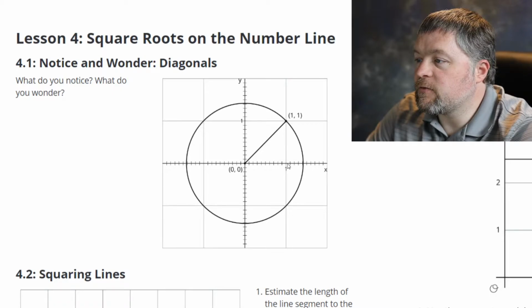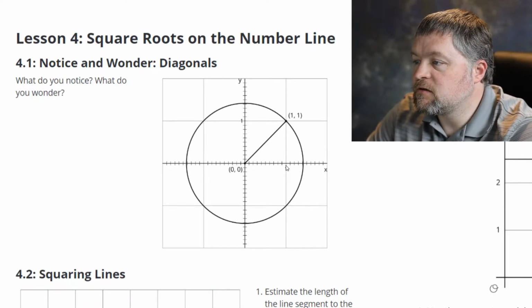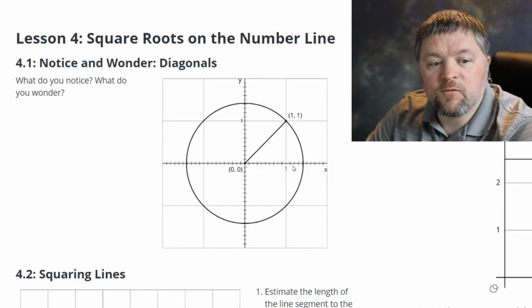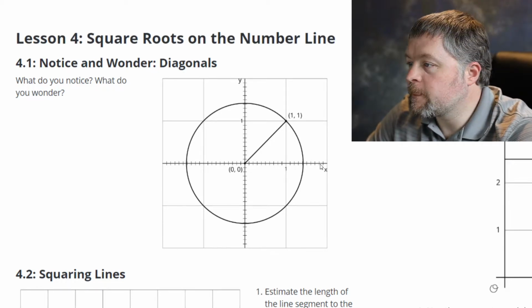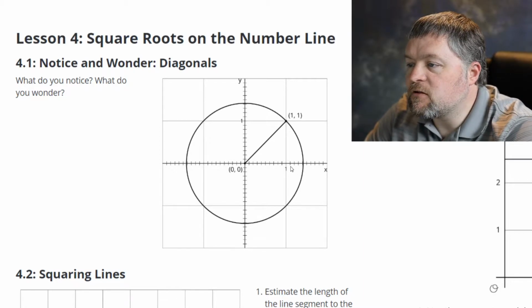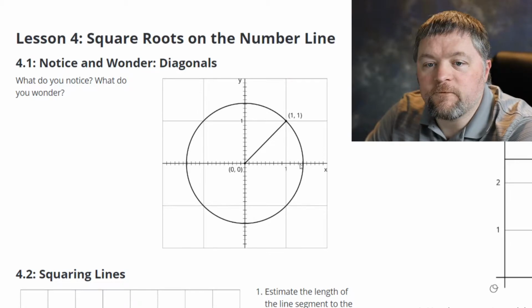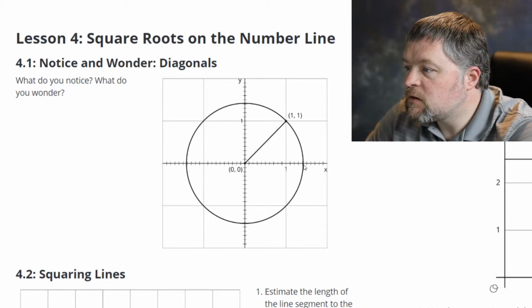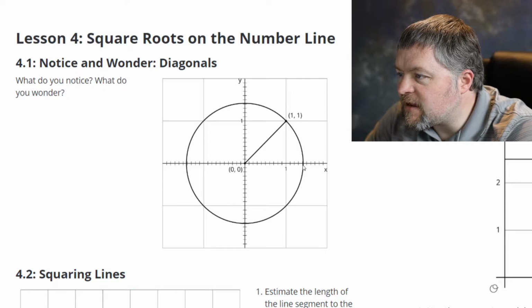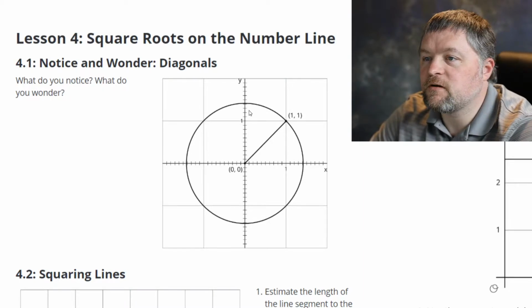Well, looking at it, we know the radius of the circle is greater than 1, less than 2. It looks like it's approximately 1.4. However, we can see that line inside here, so it has to be a little bit greater than 1.4.